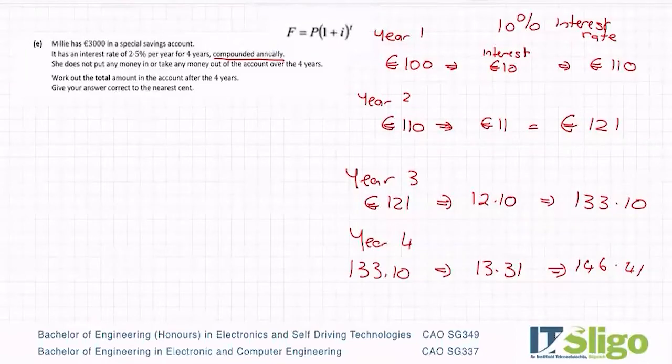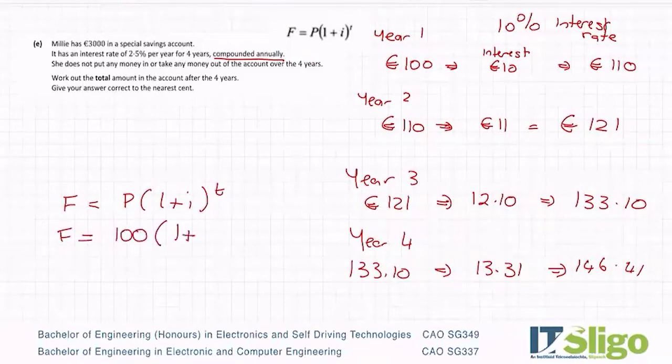Okay, and I'm just going to stay in red for a minute and I'm going to show you how it would work with the example I did here, the one I worked out with the 100 euros. So my final value will be equal to 100 times 1 plus. Now, if you convert 10% interest rate to a decimal, you can divide it by 100 on your calculator if you can't do it in your head, or it's 0.1. T is my time in years, so we did it for 4 years.